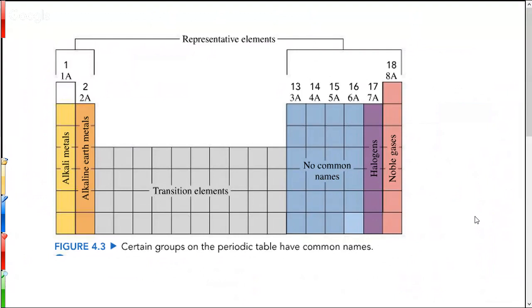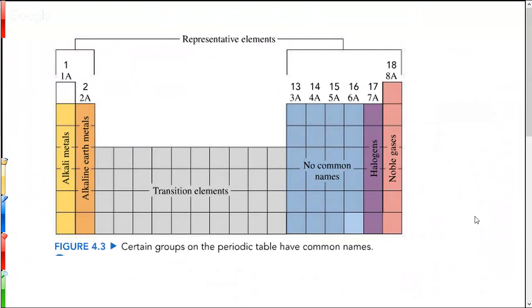And then the halogens in 7A and the noble gases in 8A. So you should know those names because we'll talk about them and we'll refer to things by their names. We'll say things like, well, this rule applies to the alkali metals, but not the transition elements and things like that. So you should know these common groupings.